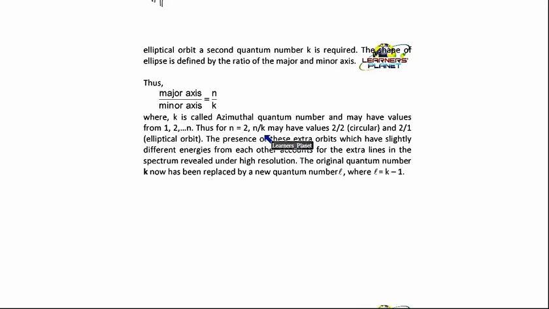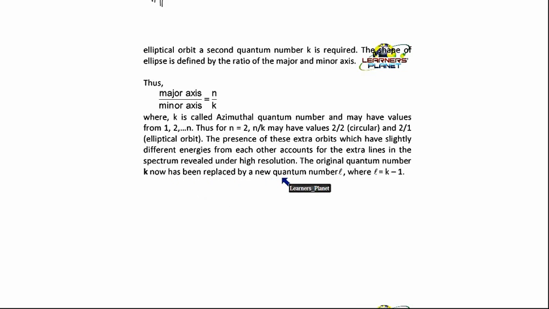Thus, for n is equal to 2, n by k may have values 2 by 2 circular and 2 by 1 elliptical. The presence of these extra orbits, which have slightly different energies from each other, accounts for the extra lines in the spectrum revealed under high resolution.